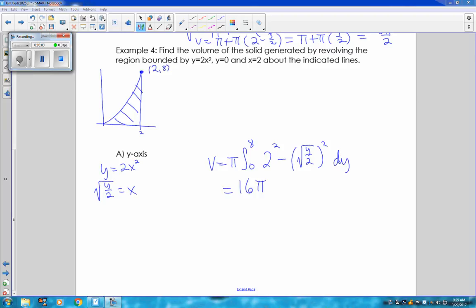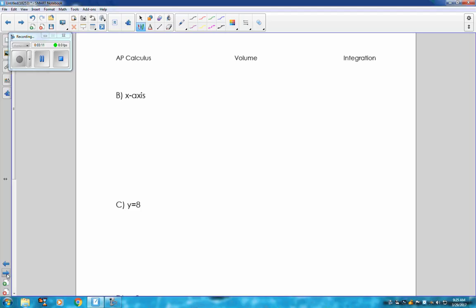Okay, now since we're going on to another page, I'm going to sketch it again here. Okay, so now we're going around the x-axis. Try it.